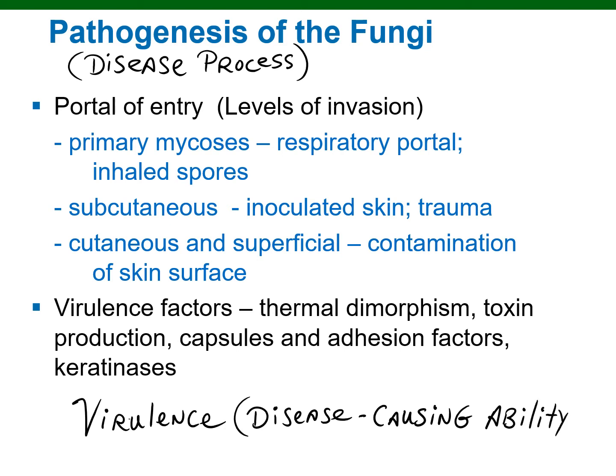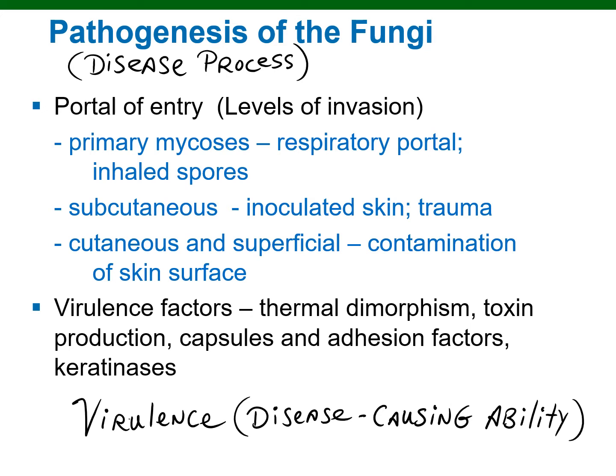And we can look at these various virulence factors. Thermal dimorphism, which was mentioned as one such example, but then we can also look at toxin production. So there are various secretory toxins that can cause tissues to start to break down and for organs of the host to malfunction, and then the fungi can take advantage of these compromised tissues.